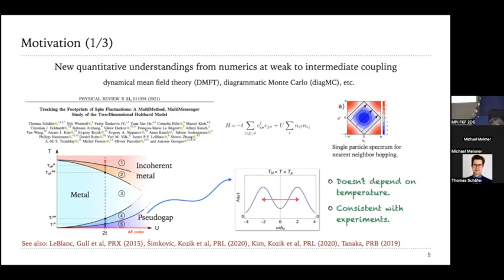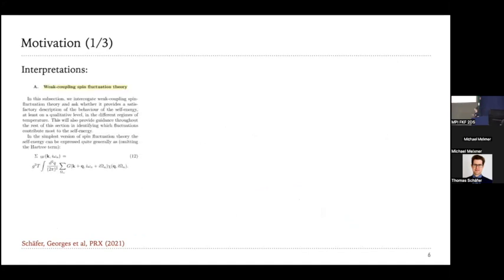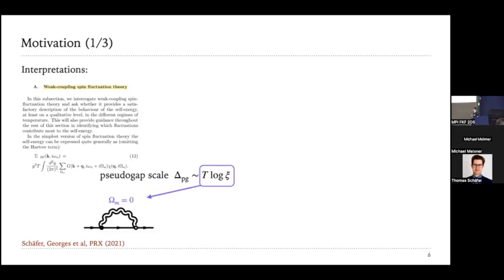To understand the temperature-independent pseudogap behavior, even at weak and intermediate coupling, there are proposals for a weak coupling scenario, which have been discussed in the literature in the past. The argument is that if one does a one-loop calculation, considering only thermal fluctuations, one can show that the pseudogap scale scales with temperature times the log of the spin correlation length.